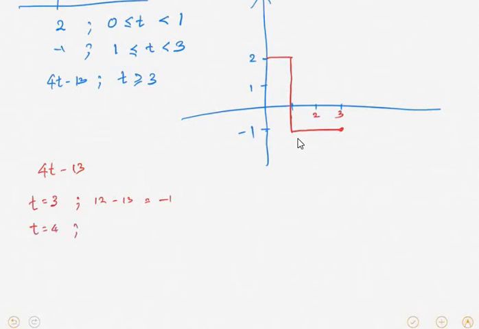T equals 4, so it's 16 minus 13, you obtain 3. So you have +3 for t equal to 4. You have a 3 here. So it's like this.